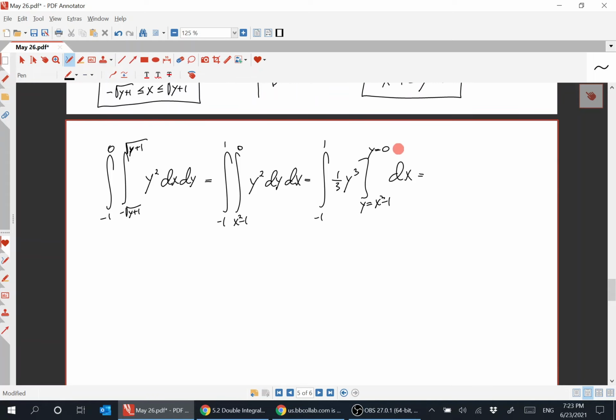So this turns out to be the integral from -1 to 1. So at 0, of course, that's 0, minus, I'm going to pull the 1/3 out front here, x squared minus 1 to the third.